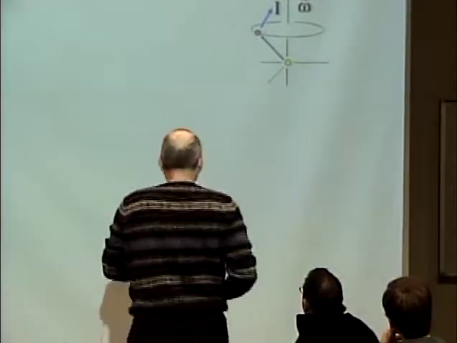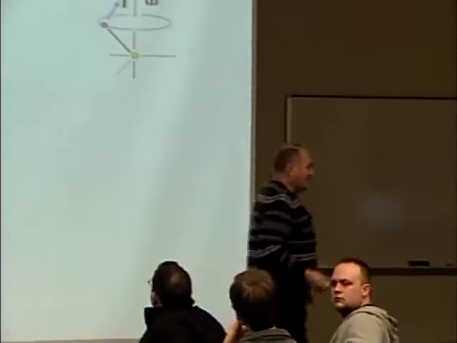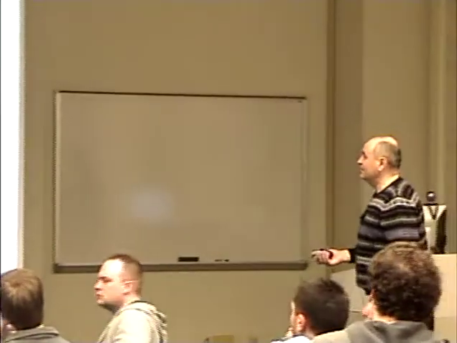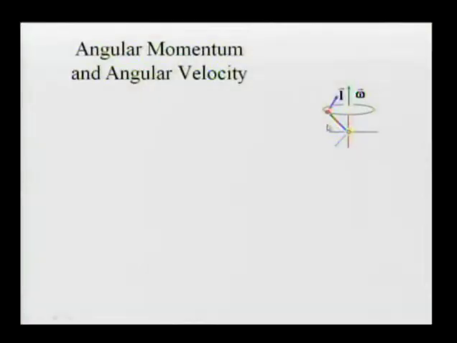Okay, great. So you see that the angular momentum of a single particle is not in the same direction as angular velocity. If an object moves like that, angular velocity is straight up. Angular momentum is at an angle.